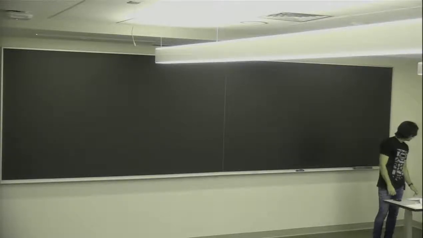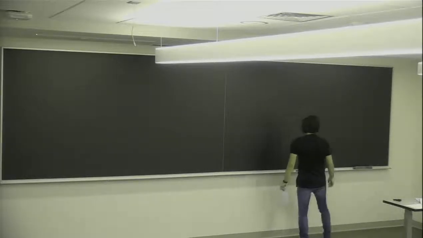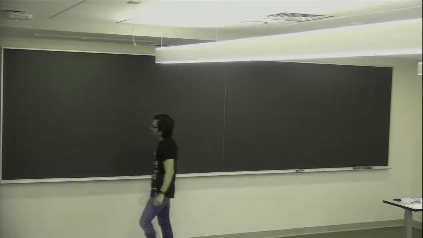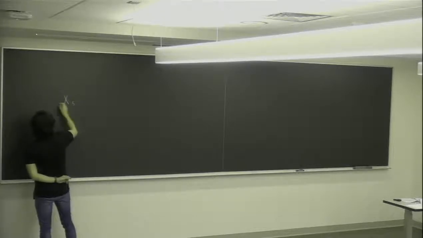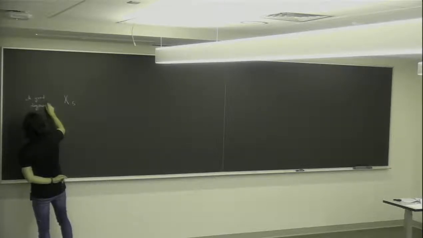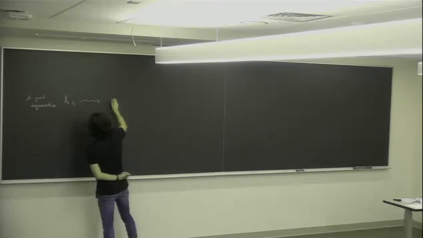Okay. So, what we did last time was the following. We came to this part where we had a good degeneration of X5 into a normal crossing singular threefold.